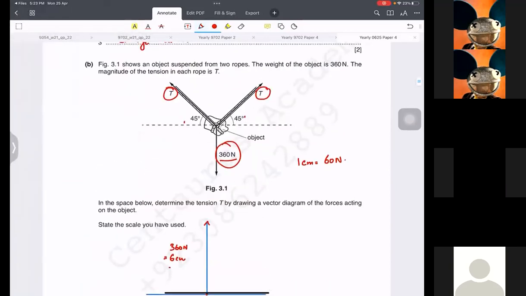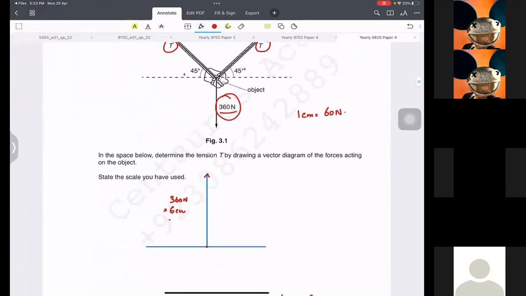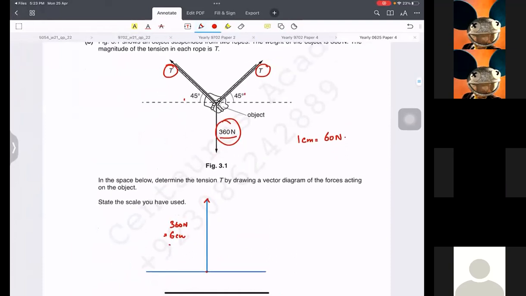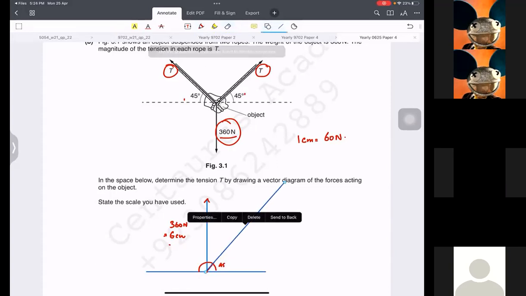Then you pick any vector like T, put the protractor, use 45 degrees, and extend this line. It should be extended wherever, it doesn't really matter, because we have the resultant and we need to look for the original forces.